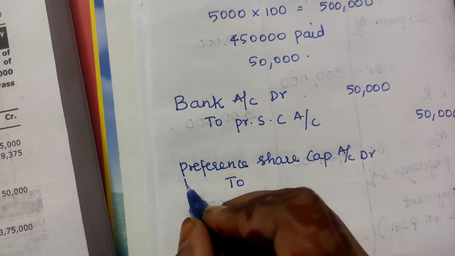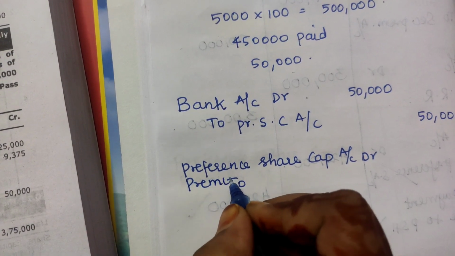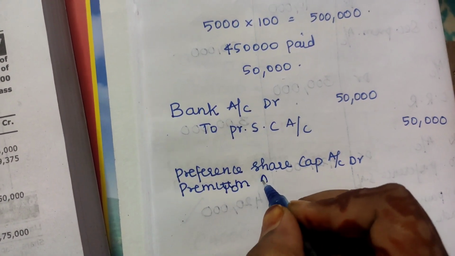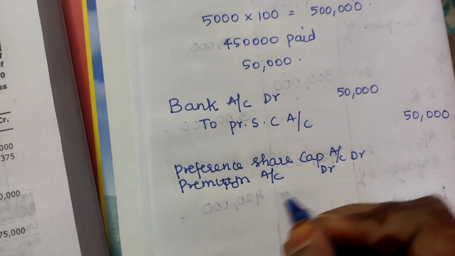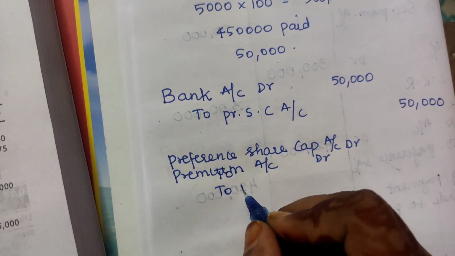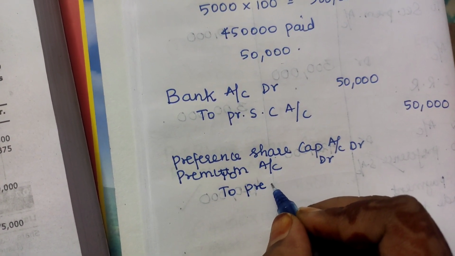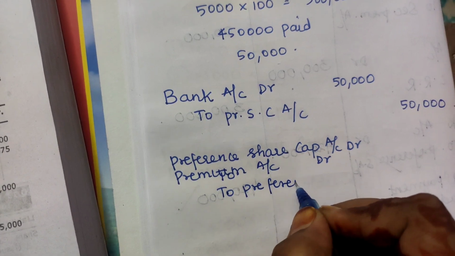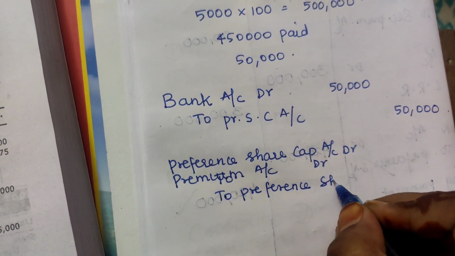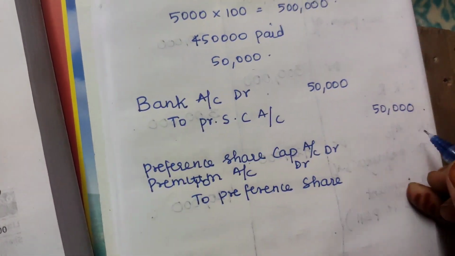So we'll write premium account debit to preference shareholder. How much?